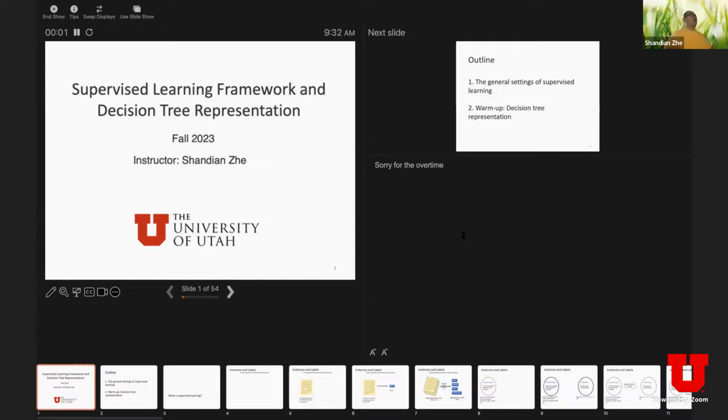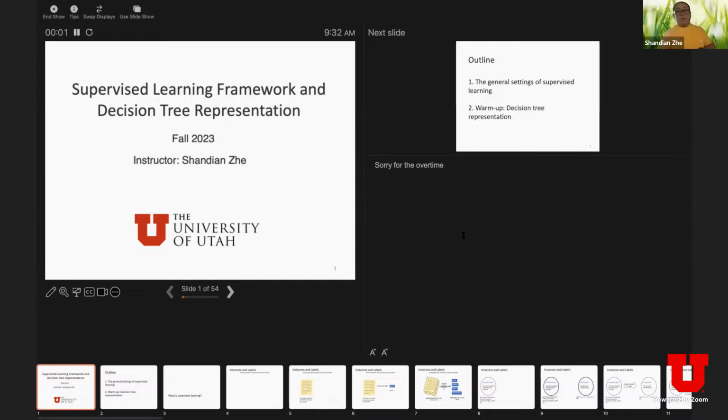Decision boundary means the boundary which separates your positive predictions and negative predictions. You can imagine all examples sitting in this XY space, and the boundaries which separate all the positive predictions from negative predictions. If you draw them, it will look like this.